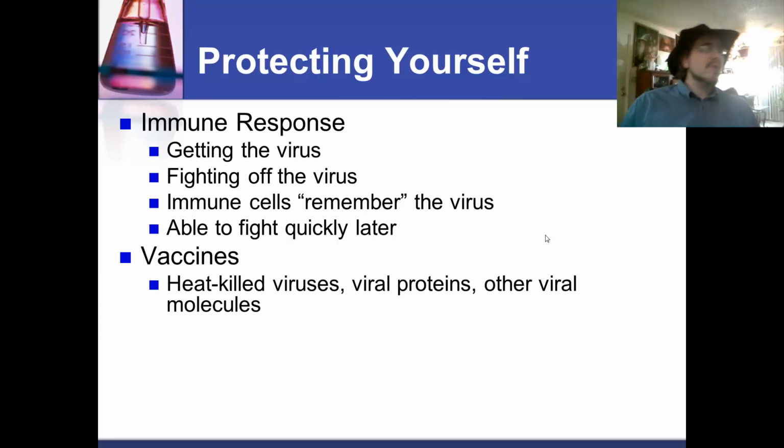Polio in the US is virtually non-existent because of increased sanitation practices, better knowledge of viruses, and vaccines. Vaccines played a big role in reducing polio infections. So vaccines are, in a word, awesome.